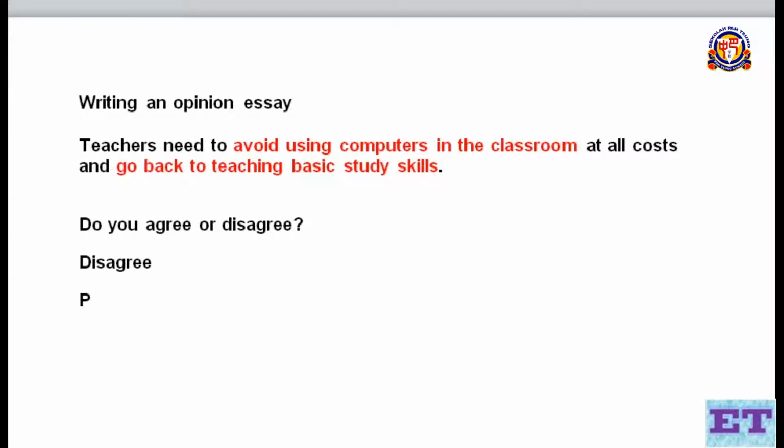So I'm going to make a plan. Here for the basic paragraph 1, I'm going to type the argument, and as we know, to build a paragraph there must be topic sentence, supporting sentence, and concluding sentence. So here I'm going to think about the topic sentence.